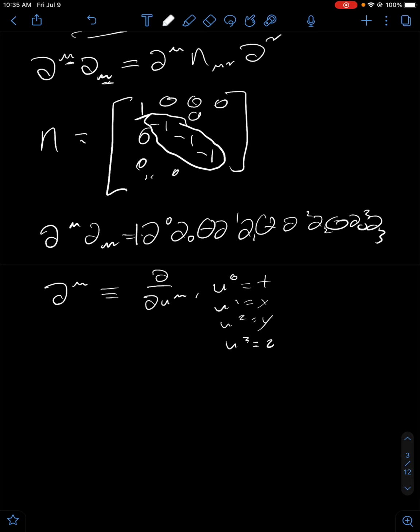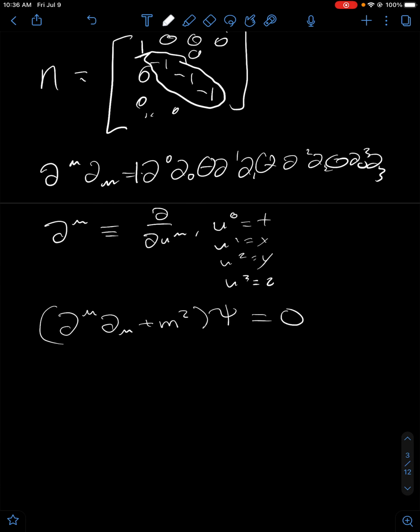Okay, so there are a couple of problems with this Klein-Gordon equation. Oh, and first of all, how do we derive this equation?